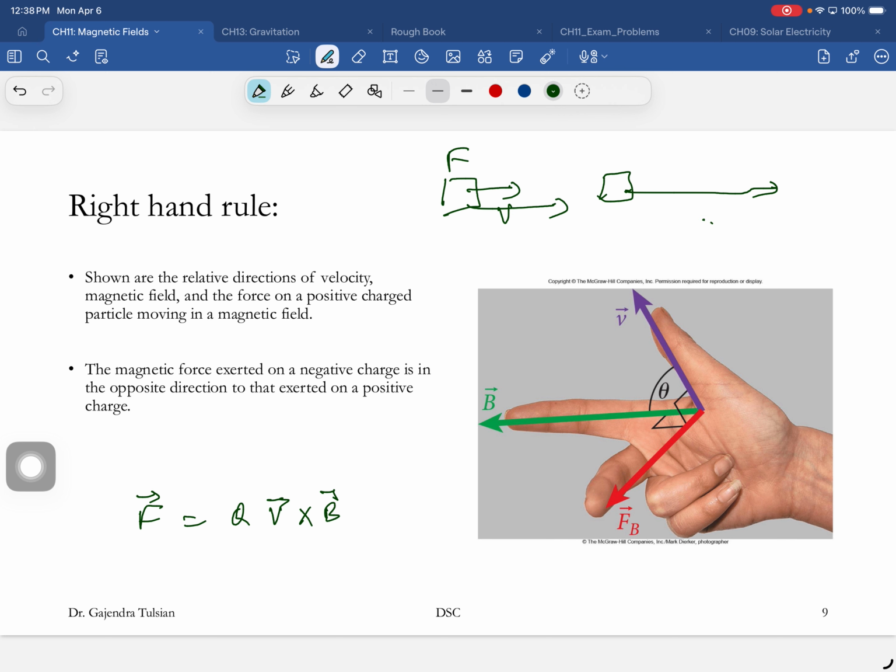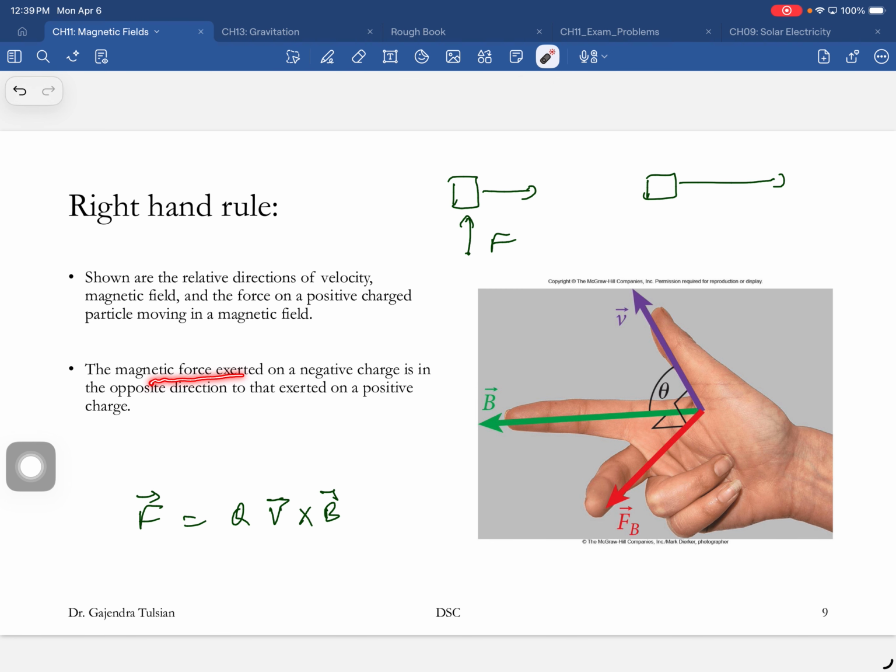Okay. Now, if you push it in the direction of the motion, then its speed will increase. But what if you push it perpendicular to the direction it's moving? Then all that happens is its direction changes. Its speed doesn't increase. Okay.